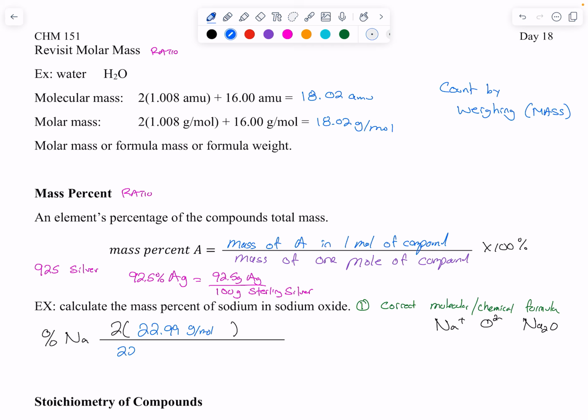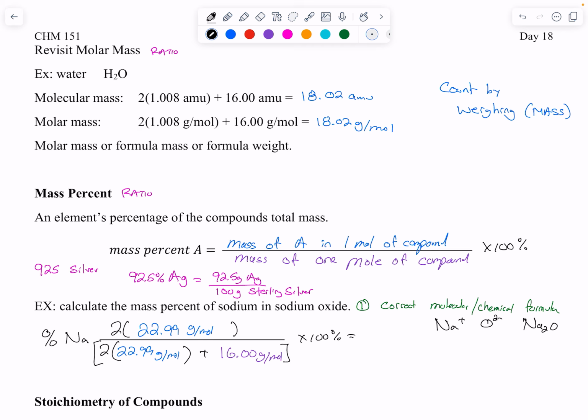So 22.99 grams per mole down here. Now you can do this where you actually don't put the whole molar mass down there. Or you could do the math: 2 times 22.99 plus the 16.